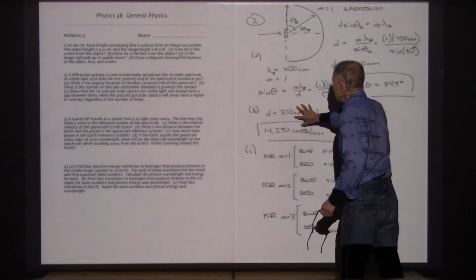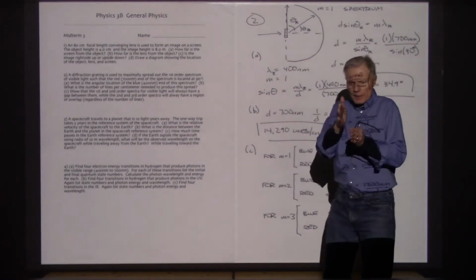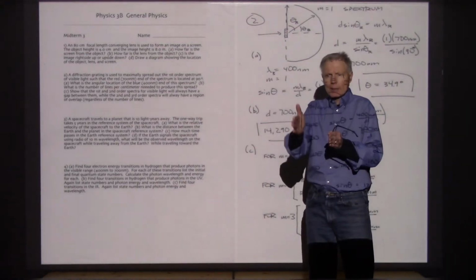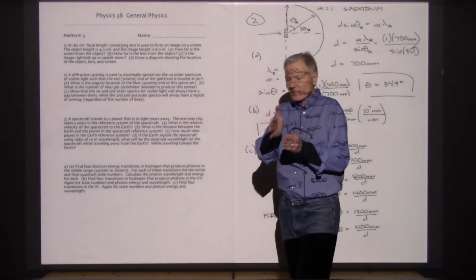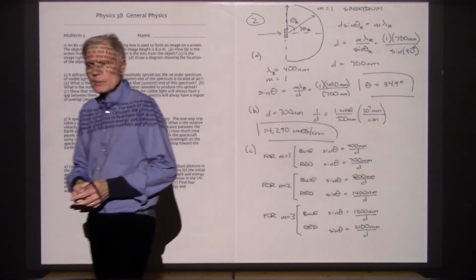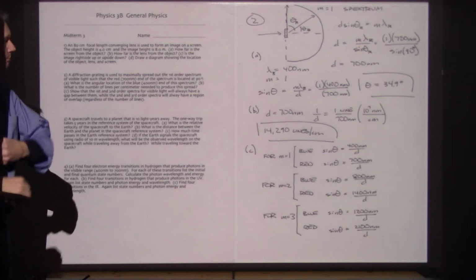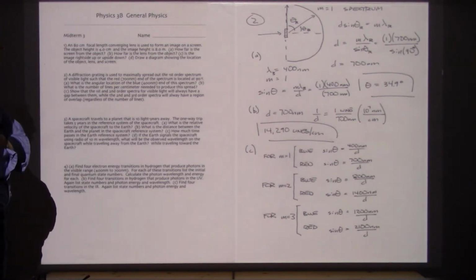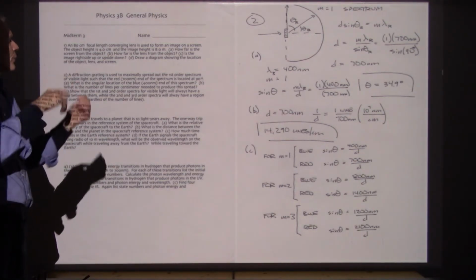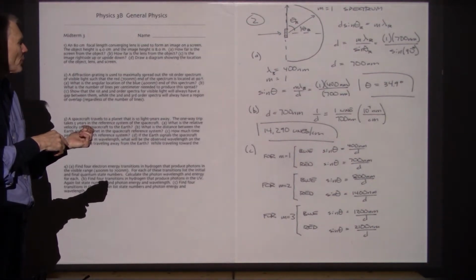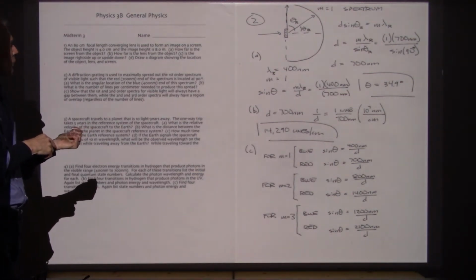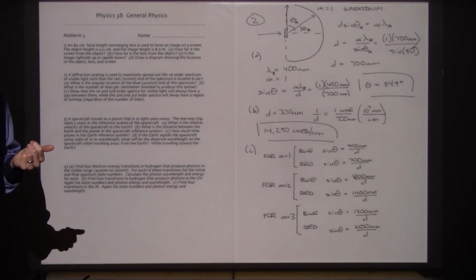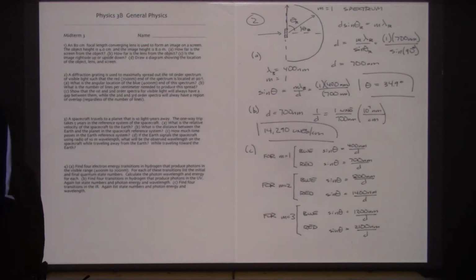The D value for a diffraction grating is the distance between consecutive etchings or consecutive lines in the diffraction grating. Now, rather than report diffraction gratings in terms of their D value, it's more common to have the diffraction gratings listed in terms of 1 over D.